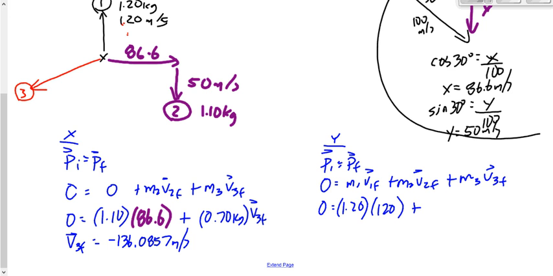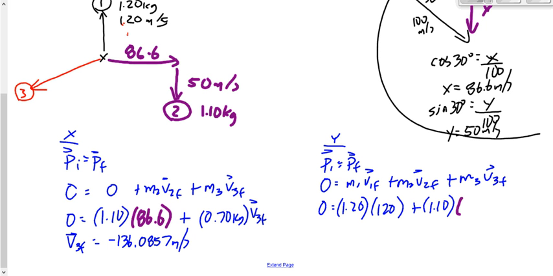M2 is 1.10 kilograms. V2F. August, what's V2F for the Y component? Kristen, what's V2F for the Y component? 50, or we'll make it negative 50 because it's downwards.